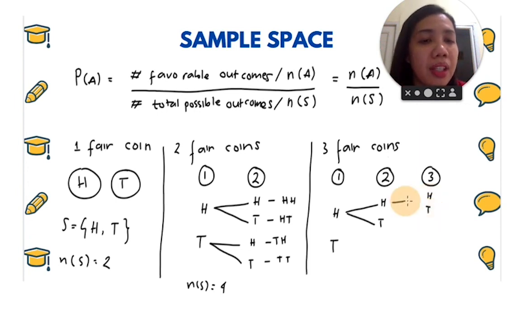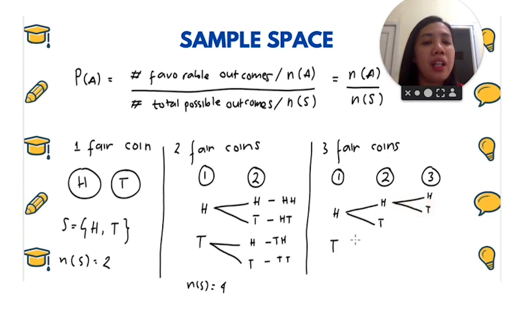And if we have a head in the first coin and tail in the second coin, in the third coin we also have two possible outcomes, head and tail. And we repeat the process likewise for the first coin whenever we have a tail.